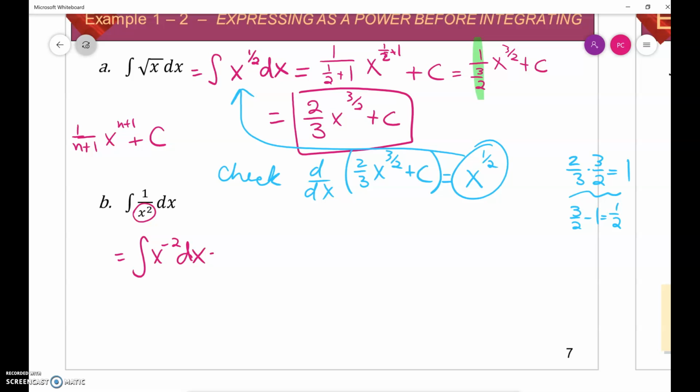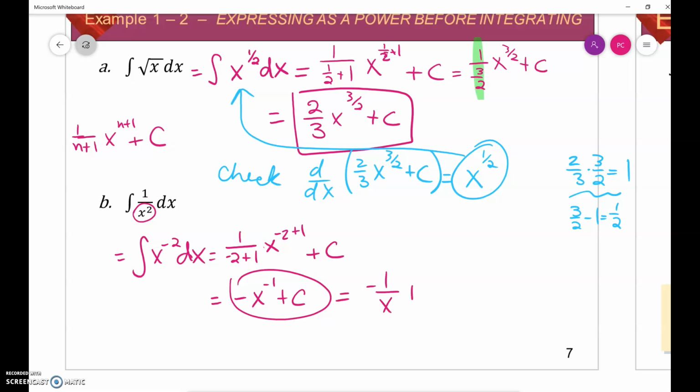So I have 1 over -2 plus 1 times x to the -2 plus 1, and then plus c. -2 plus 1 is -1, so we get -x to the -1 plus c. You can leave your answer right here, that's fine. You could also rewrite it as -1 over x plus c. Both answers would be fine.